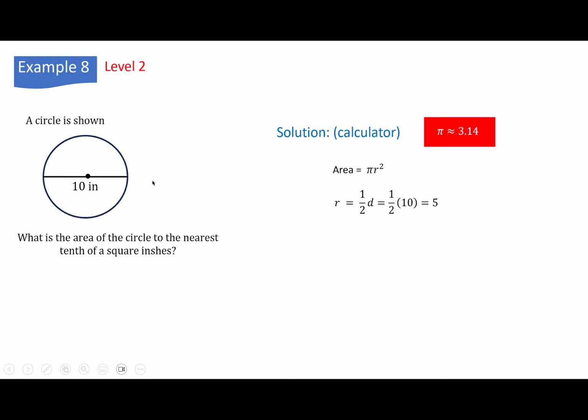So the diameter is 10, this will be 5, this will be 5. So r will be 5, which is half of the diameter. That's why I need to find r first. Now this is what I will use here, not 10. So area is 3.14 times 5 squared.